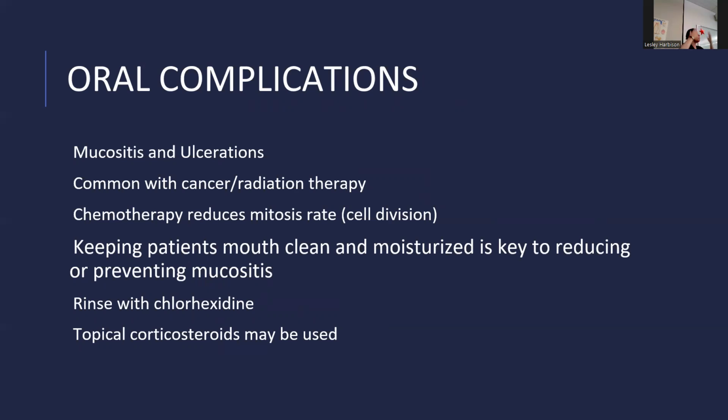Usually in our mouth, we turn over and slough off the cells quickly, and it reduces when they're on chemotherapy. Typically we say the mouth heals so fast, in a few days it'll be healed up, because our cells turn over so fast.